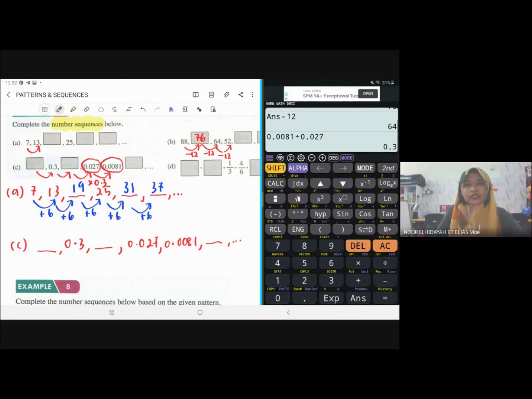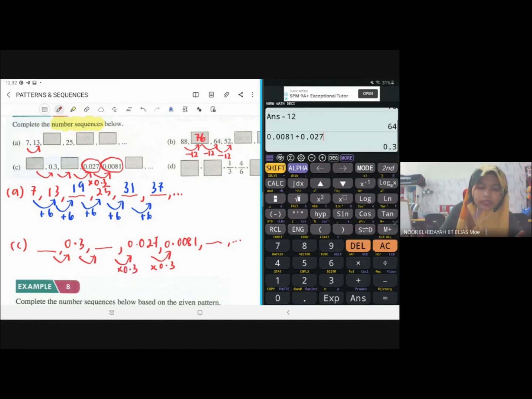Okay, tadi kita dah dapat pattern. Kita kata pattern dia ialah multiply 0.3. So kita nak dapatkan nombor yang sebelumnya, kita kena buat backward.